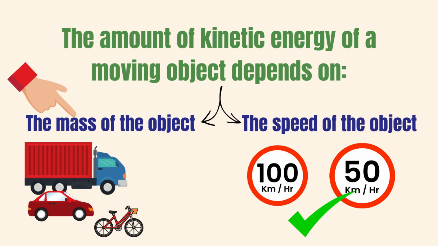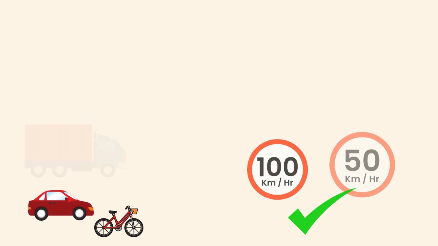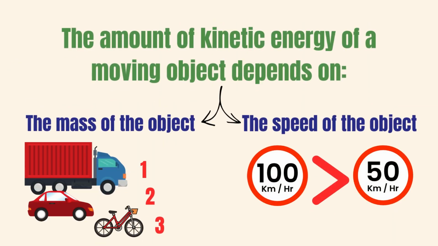So we can conclude that the object that has more mass has more kinetic energy and also more speed. So the amount of kinetic energy depends on the mass of the object and the speed. If this object moves at high speed, it has more kinetic energy. If this object has more mass, it has more kinetic energy, okay?